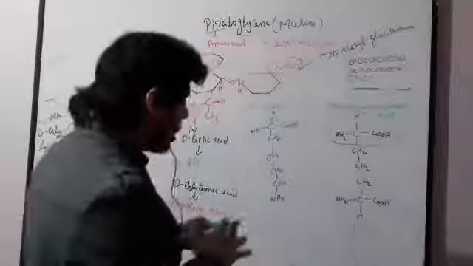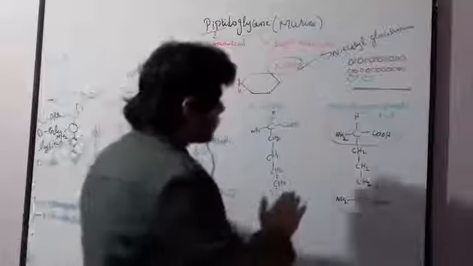But this is actually in the case of gram-positive bacteria. In gram-negative bacteria, let me remove this one portion. What actually happens in the gram-negative case? In gram-negative, we also have the same NAM and NAG present.